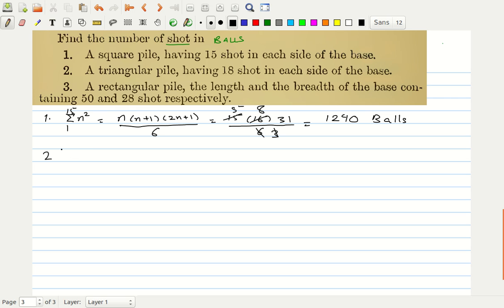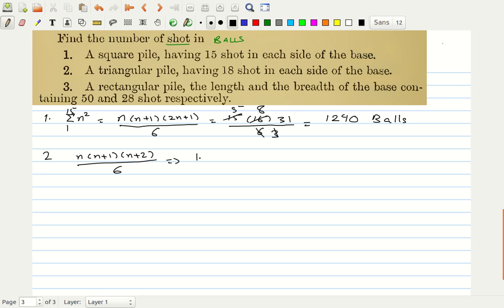So we know that the number of balls in the case of triangle will be n times n plus 1 times n plus 2 divided by 6, and we have 18 shots, so just put n is equal to 18.